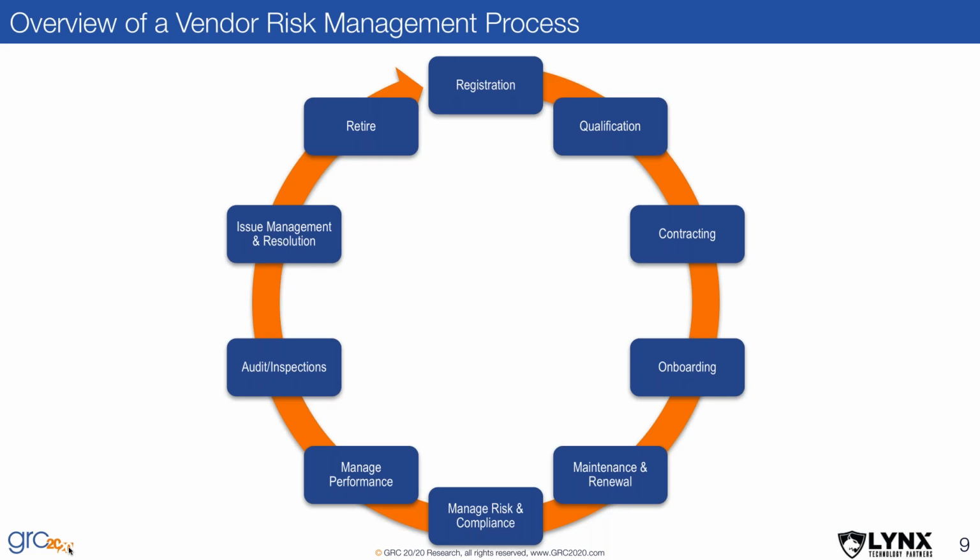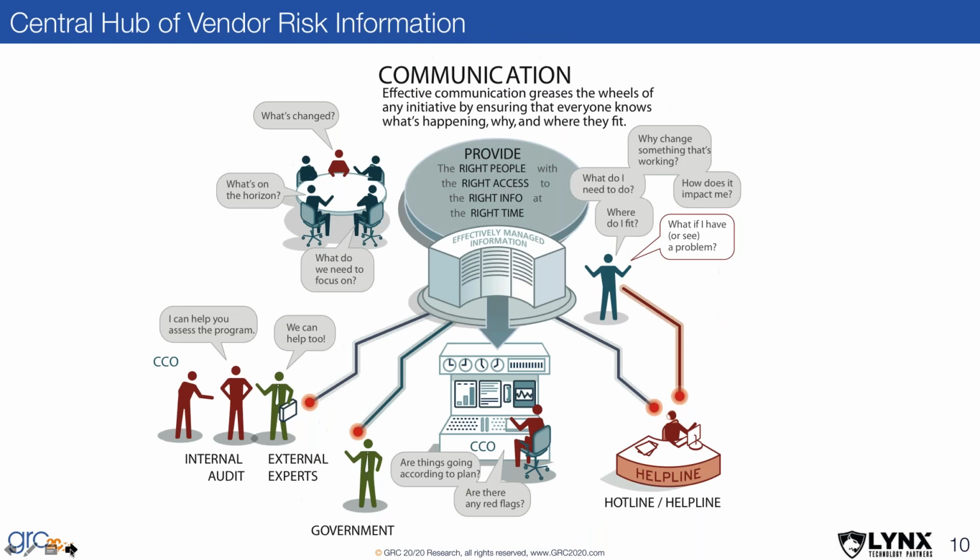And you provide audits and inspections and exercise your right to audit clauses. And you manage issues and resolve them. And then at some point, you offboard or retire the third-party vendor relationship. That's the overall vendor risk management process and life cycle that organizations need to follow and manage effectively within their organization. But today, we're going to talk about the information technology architecture to support that.